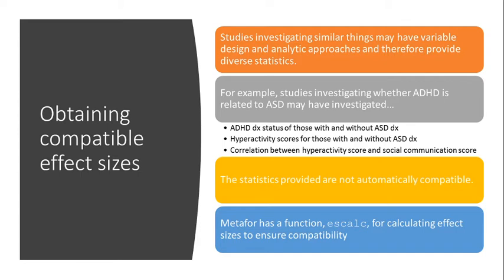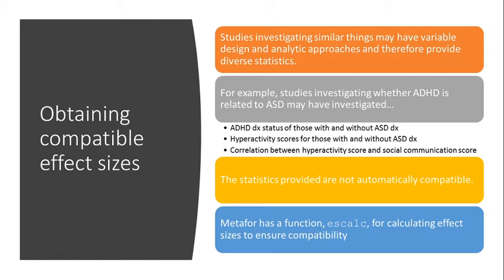So for example, studies investigating, I don't know why you do this study, but whether ADHD is related to ASD might have investigated it by having binary variables where you've got how many people who have ASD have ADHD or not, and how many people who don't have ASD have ADHD and not.